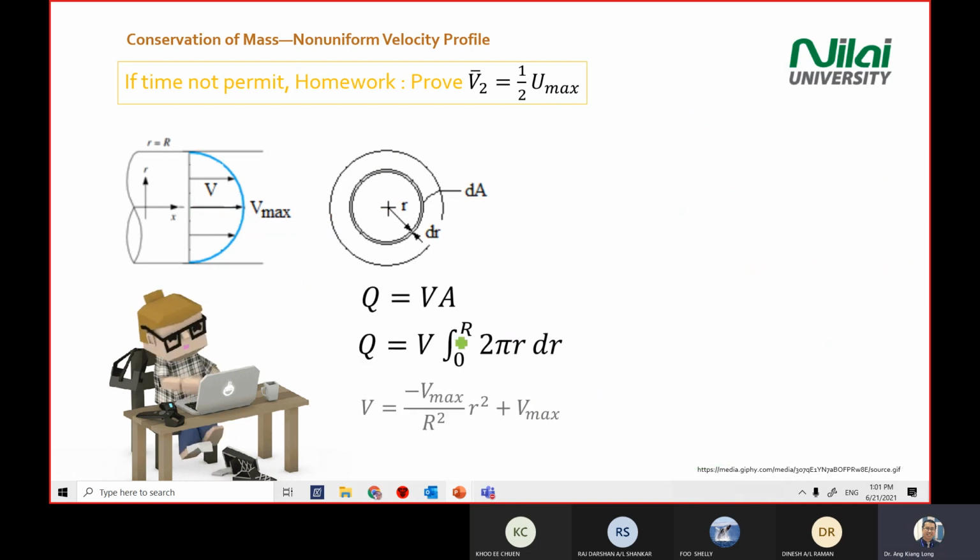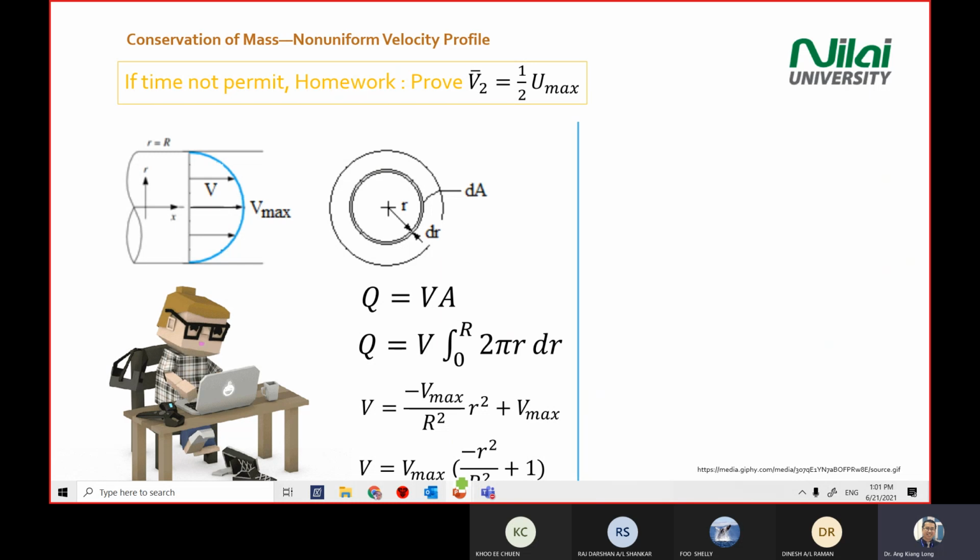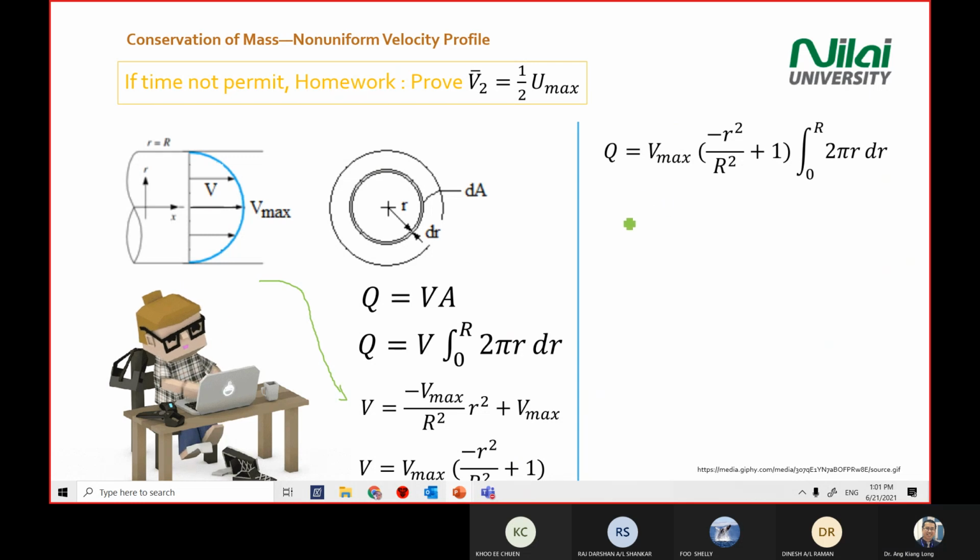You can rewrite them, factoring out the Vmax from the equation just now: Vmax times 1 minus r squared divided by R squared.